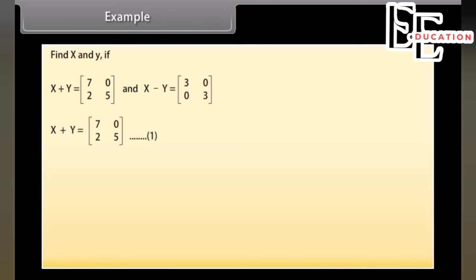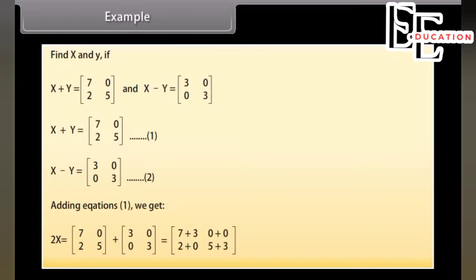Given X plus Y and X minus Y, mark them as 1 and 2. Now add the equations 1 and 2, we get 2X is equal to the matrix, row-wise: first row 10 0, second row 2 8. Therefore, X is equal to the matrix, row-wise: first row 5 0, second row 1 4.